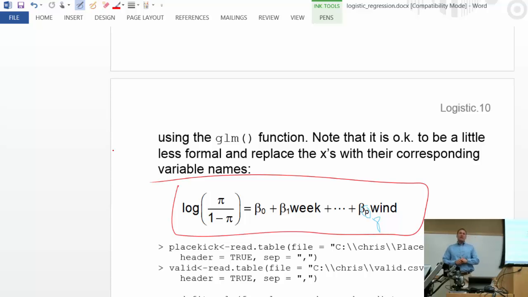What I've done is simply replace the x's with what the actual variables are for our data set. That's okay to do. If you don't want to replace the x's, that's okay, as long as you define what the x's are. So I'm trying to estimate log of pi over 1 minus pi as a function of weak, distance, wind, and so on. Okay, let's estimate that model.